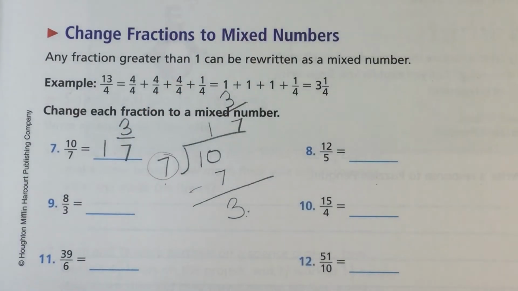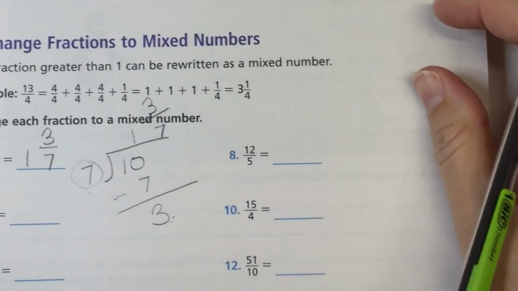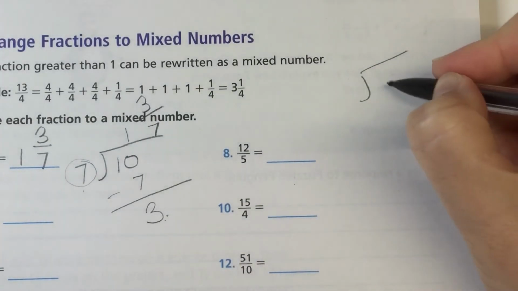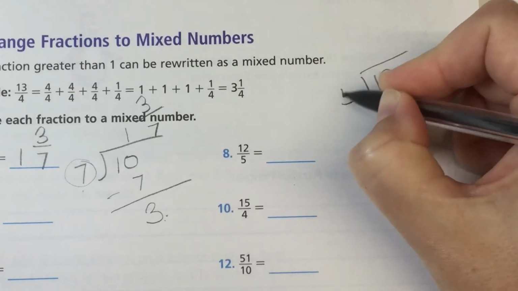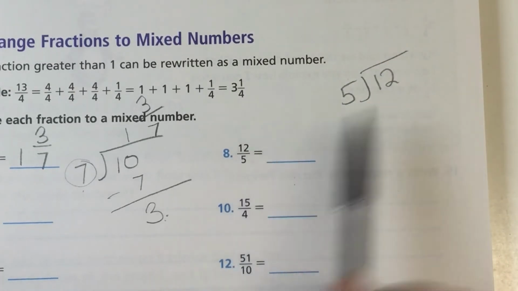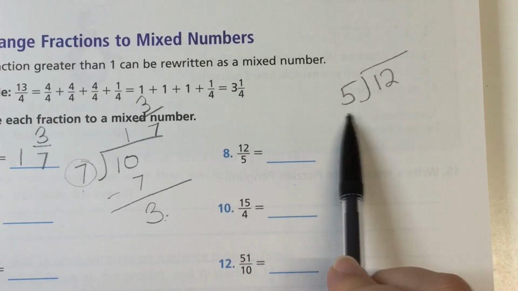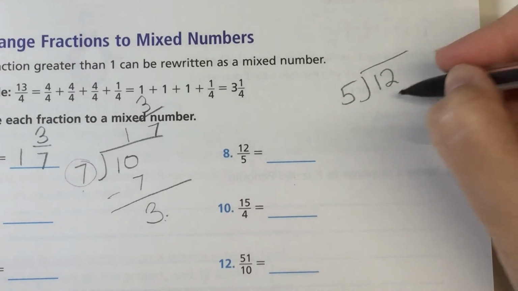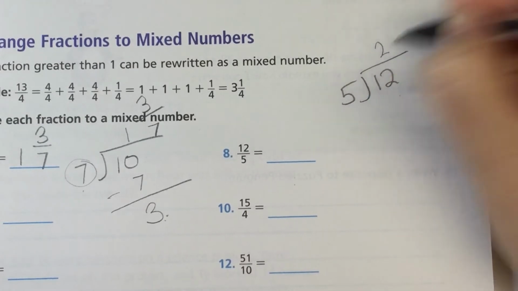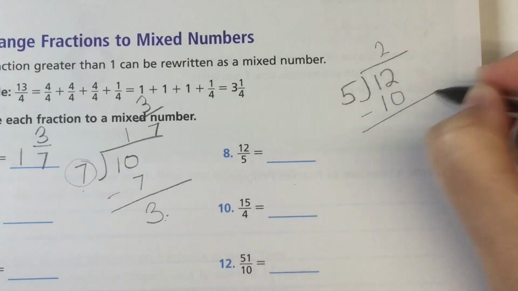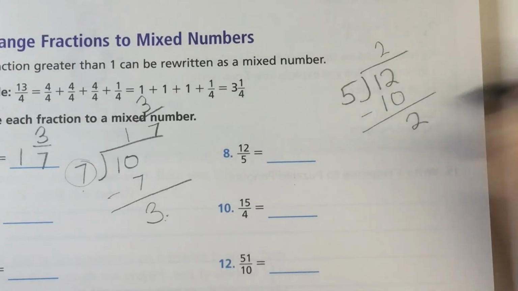Let's try another one. I'm going to give myself more space this time. Let's try 12/5. So setting up my division, 12 divided by 5. So always put the numerator inside the box and the denominator outside as the divisor. 12 divided by 5. 5 goes into 12 2 times. 5 times 2 equals 10. 12 minus 10 equals 2.